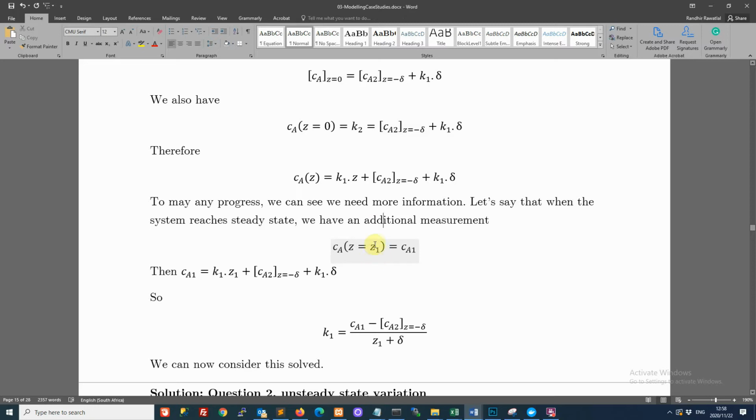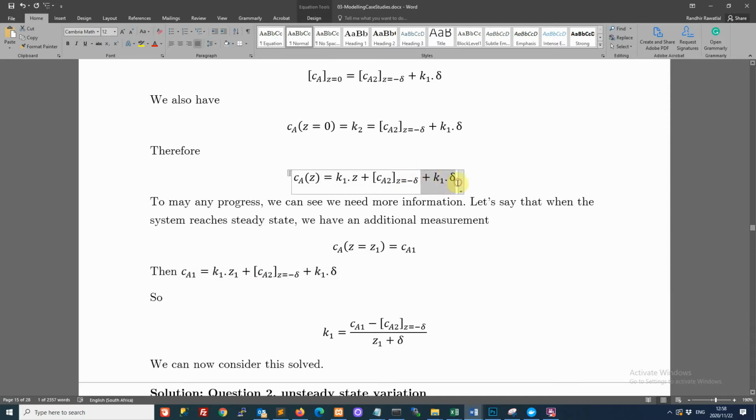Let's say we just stick a probe in and we measure the concentration there, and then we just use that information in here. So we apply C_A at z1. Here, at z1, this is C_A1. And then for z1, we can write that like that. And then this stays the same.